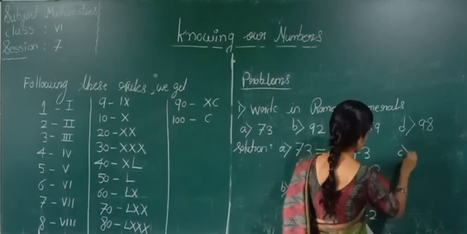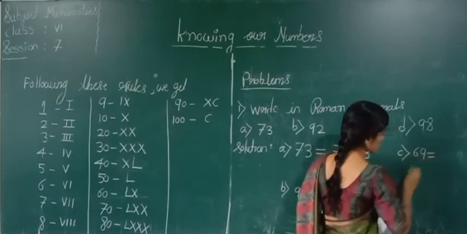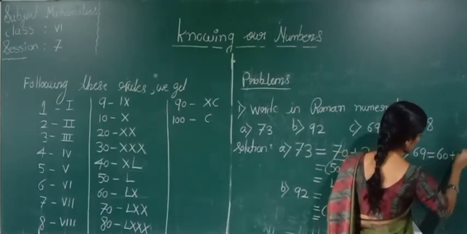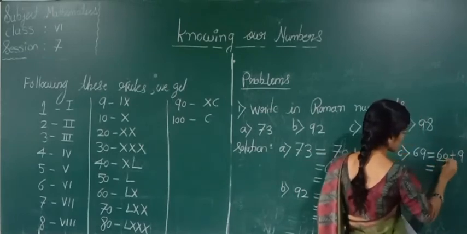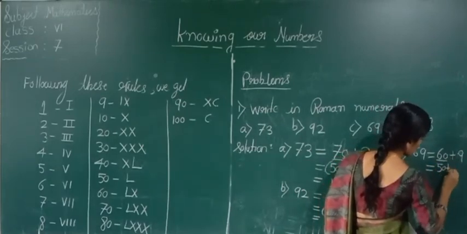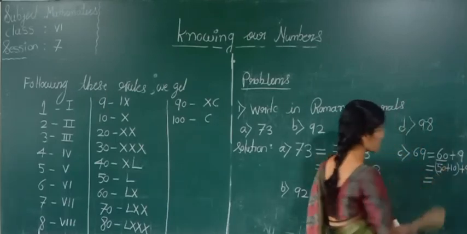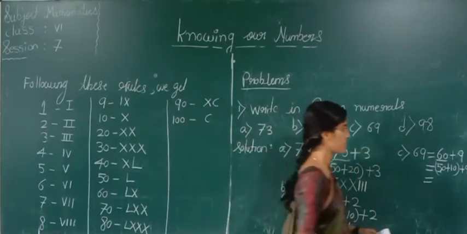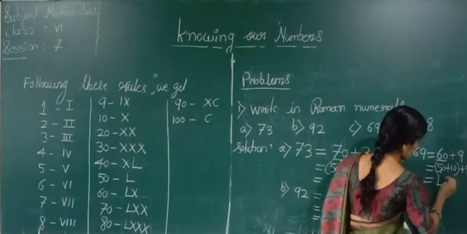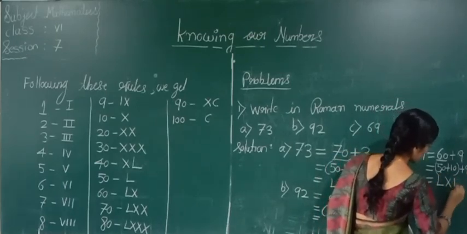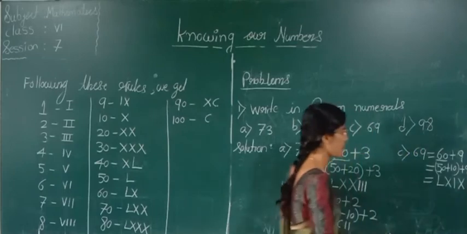Now we will see C, 69. How I will write 69? 60 plus 9. 60 can be written as 50 plus 10 plus 9. How I will write 50 in a Roman numeral? L. 10 means X. 9 means IX. Okay.